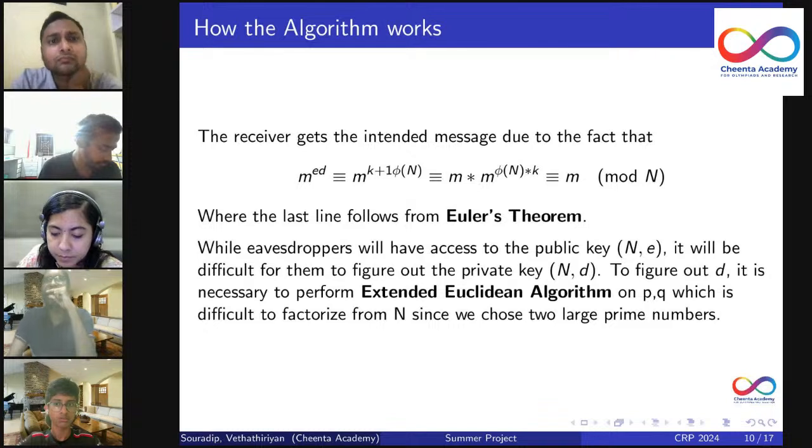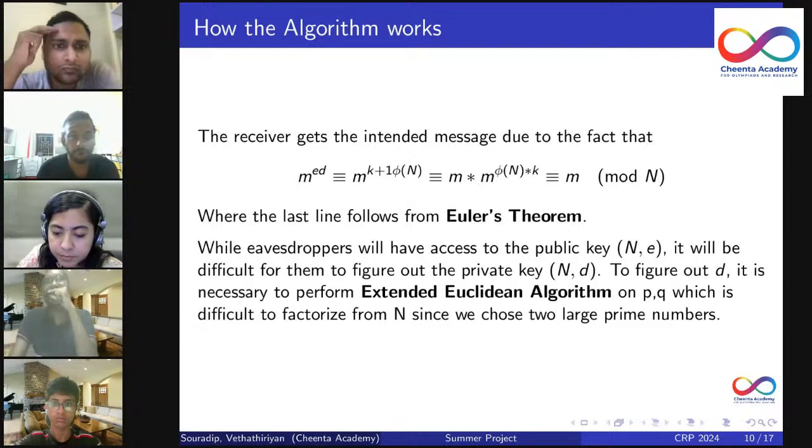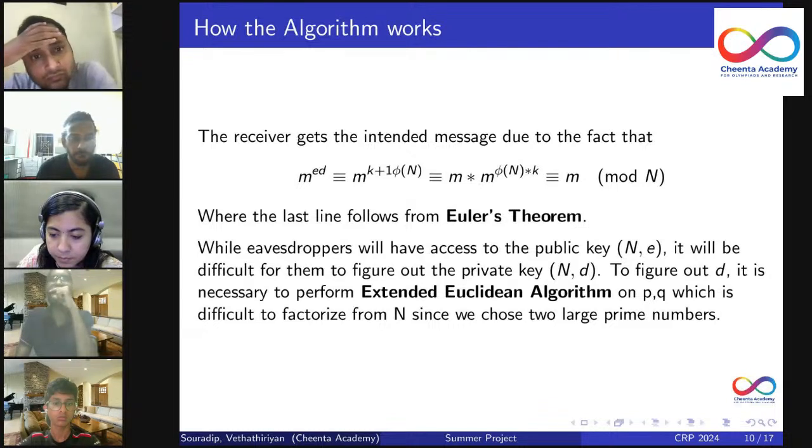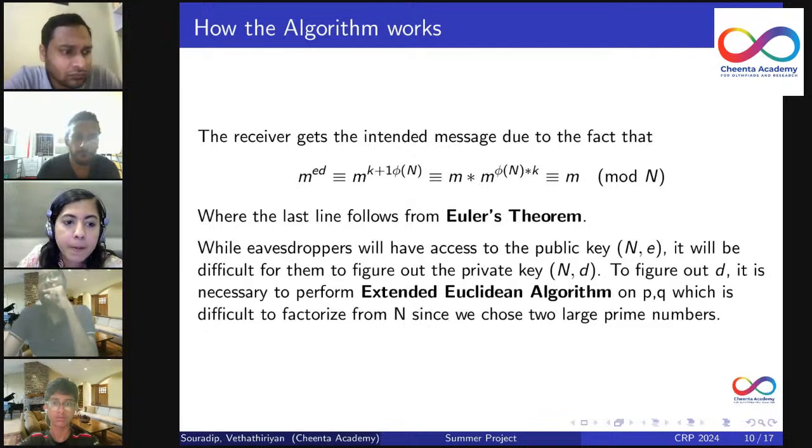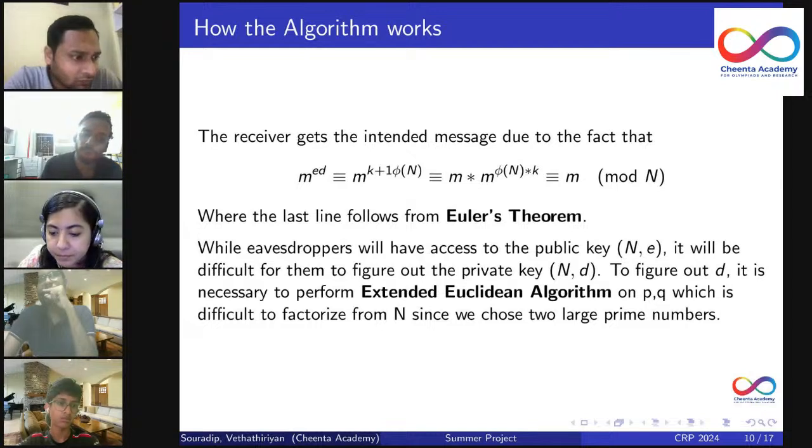Now how does it work? What he is basically doing is taking the message m and applying the power e into d, which, if you take modulo N, will be m to the power of some k plus l into phi of N. There is a printing mistake.